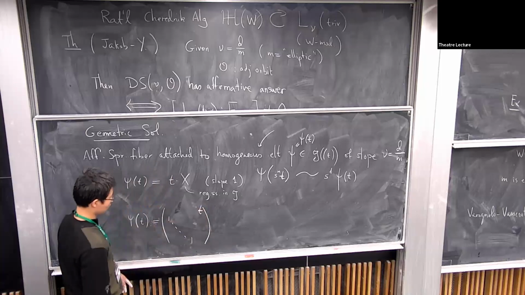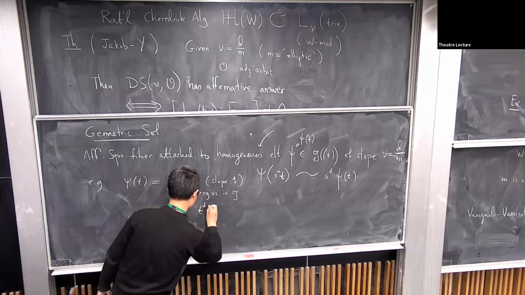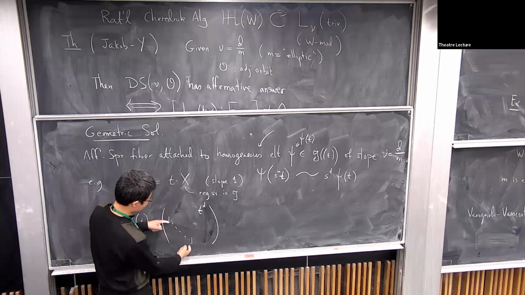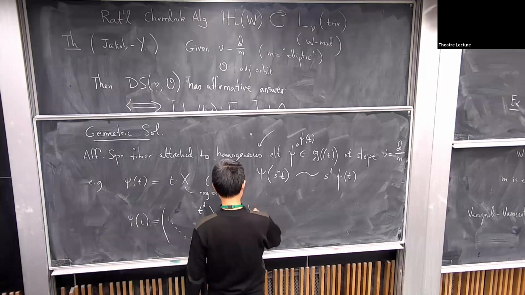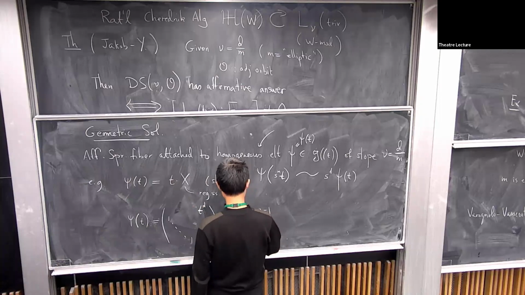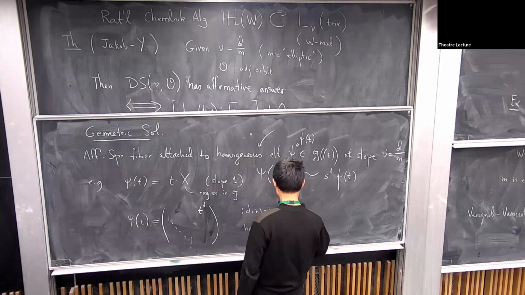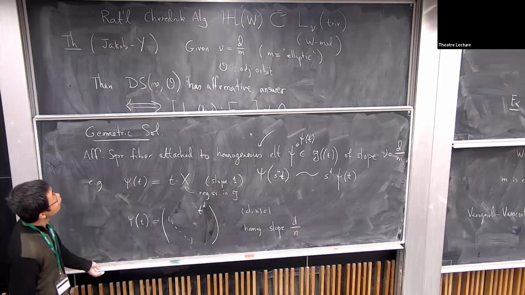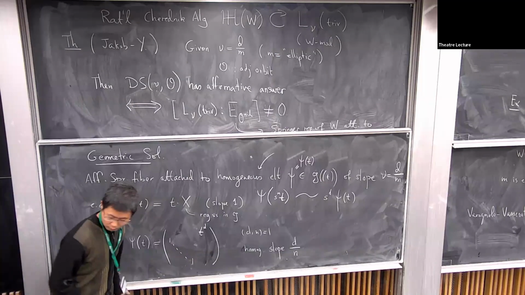You just allow more general subdiagonal ones, and then you put this t to the d in the corner, where e is prime to n. This is homogeneous of slope e over n. Okay, so now the geometric solution.